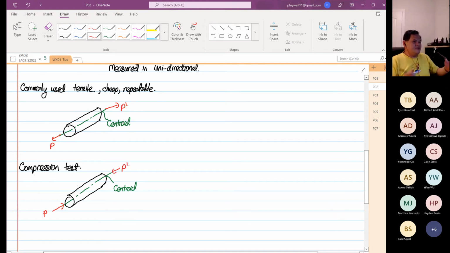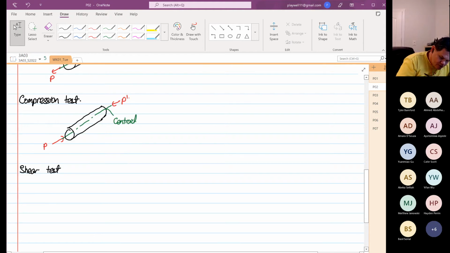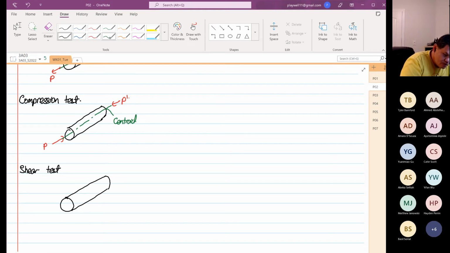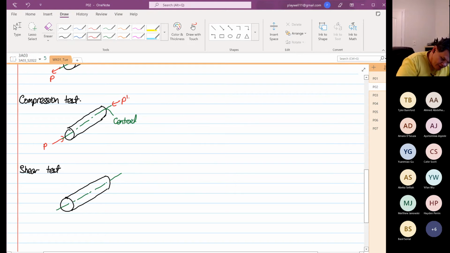So the test can be a stretching test or a pushing-in test, and the last one is a torsion test or shear test. In shear, the stress is applied in this direction.